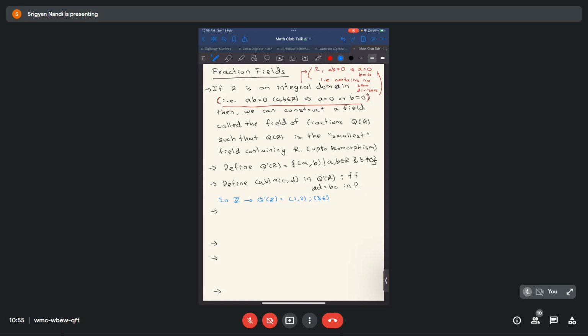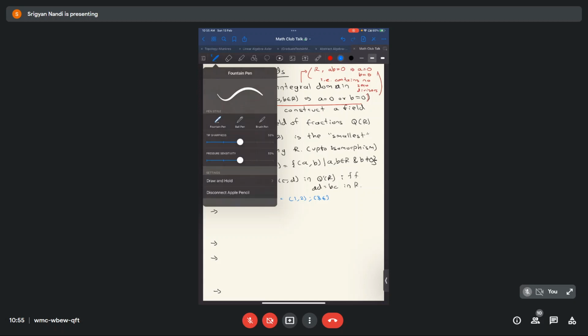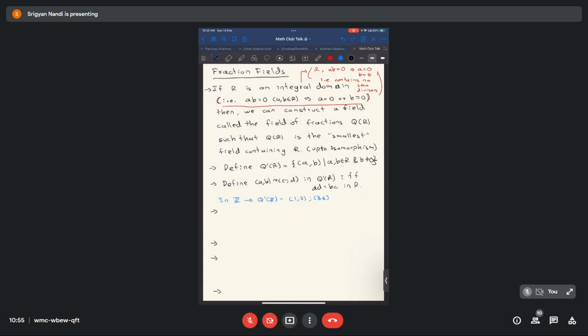So we first define an equivalence relation that partitions Q dash of R, putting similar ordered pairs into the same equivalence classes. Now that we have the relation tilde, which is an equivalence relation, we can begin defining the fractions.